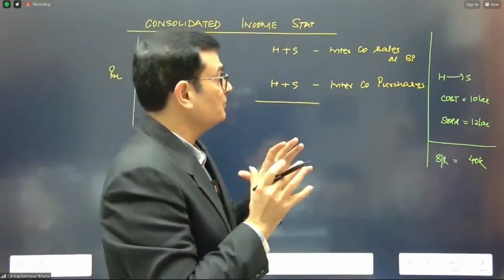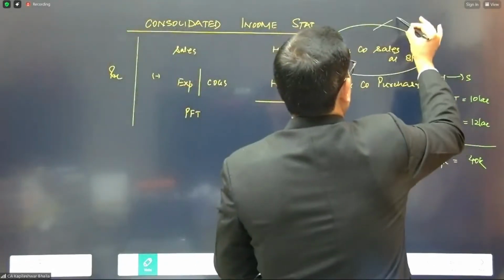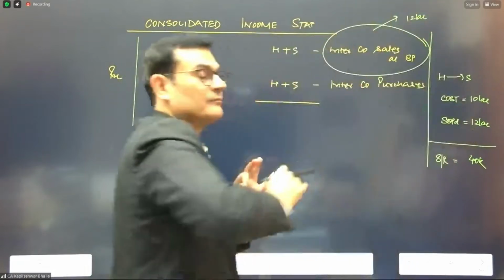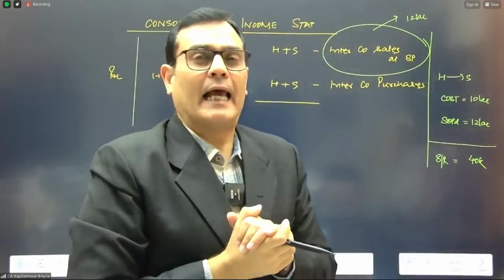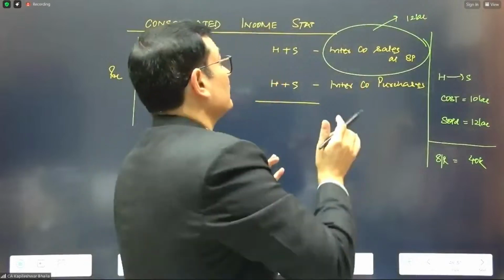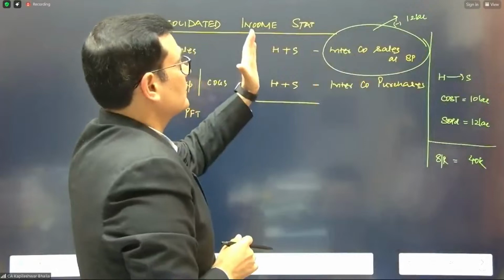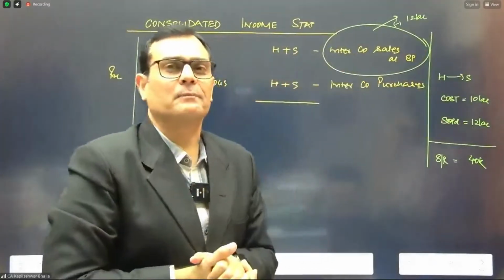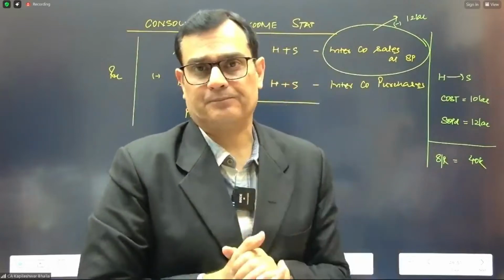Now, what do you need to do? When you eliminate the intercompany sales in this example, you will consider this figure to be 12 lakhs itself. Which means you will reduce 12 lakhs out of the sale. You take the sales of holding plus subsidiary minus 12, because this sale is a part of the holding company sale and it needs to be eliminated.